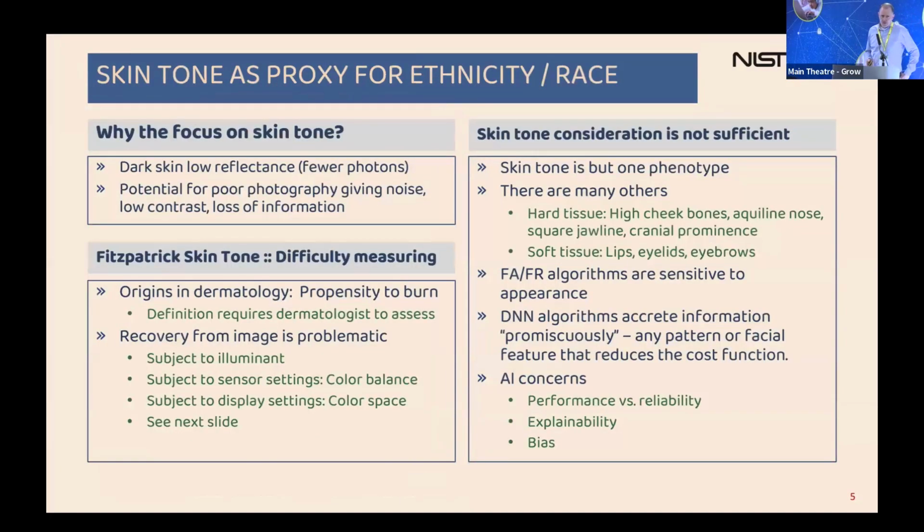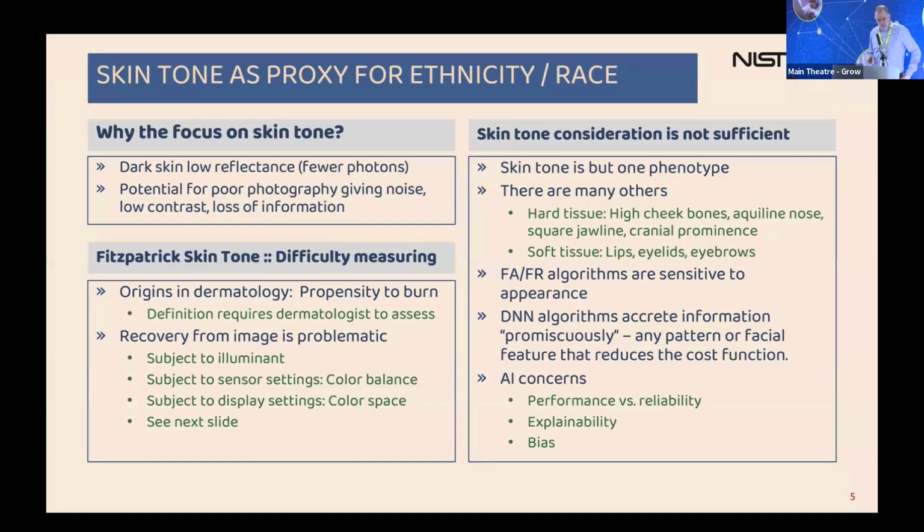So our approach to demographics is to say that skin tone measurement is necessary because of the low reflectance problem, but it's really not sufficient, because skin tone is but one phenotype in a face. Our face is driven by nature and nurture.